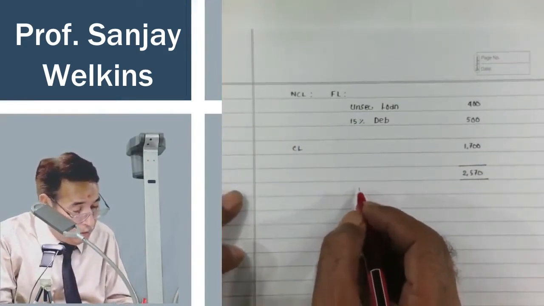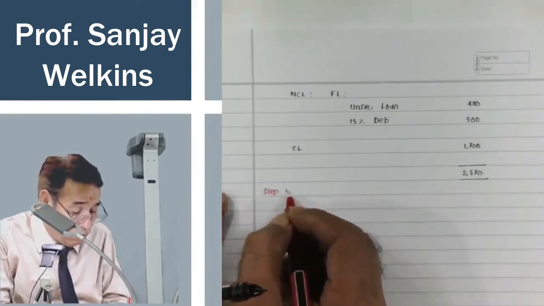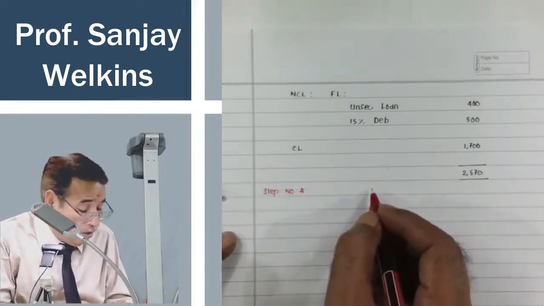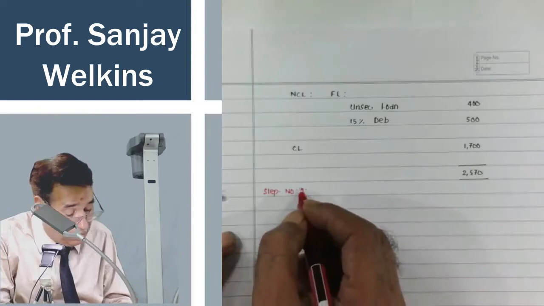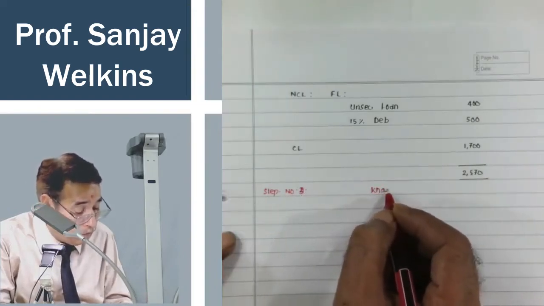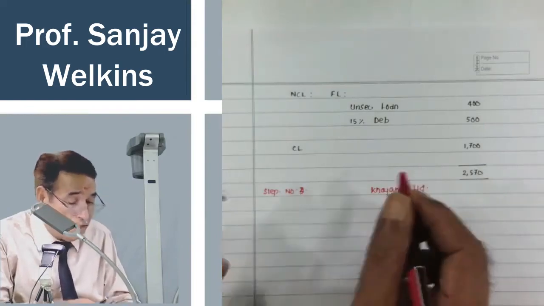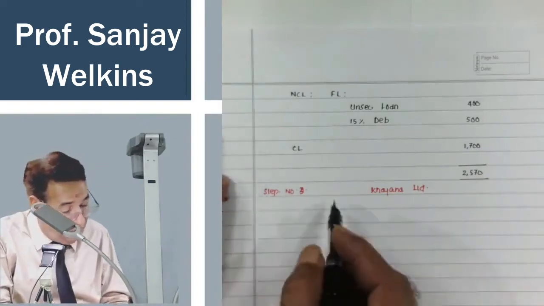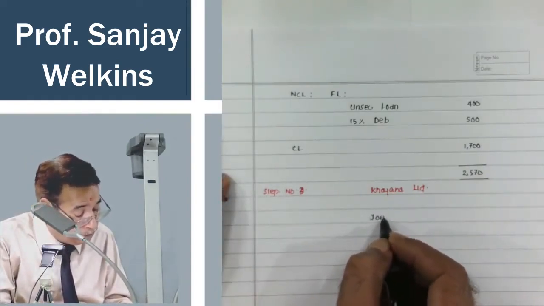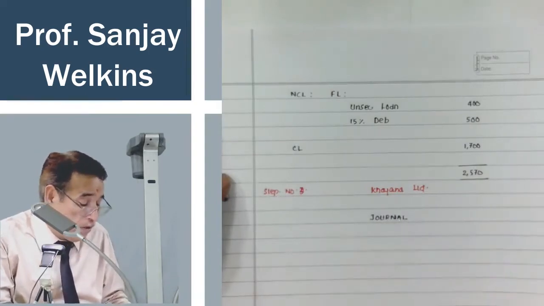Khajana Limited now, step number 4 or 3, I have forgotten. Anyway, I will take it as 4. Step number 3, I think, Khajana Limited. As far as Khajana Limited is concerned, if you are going to prepare the journal, correct?